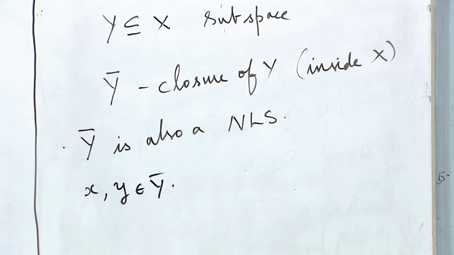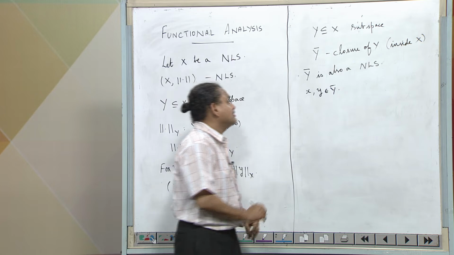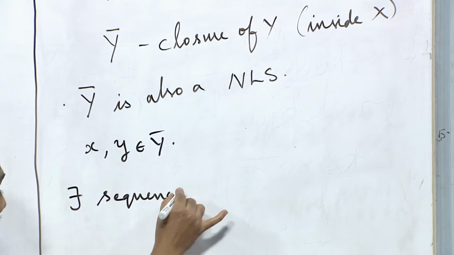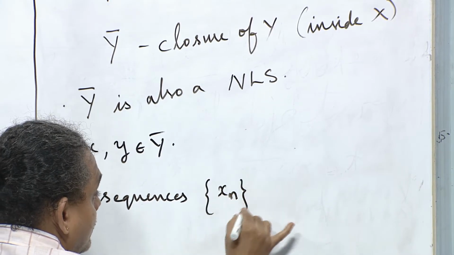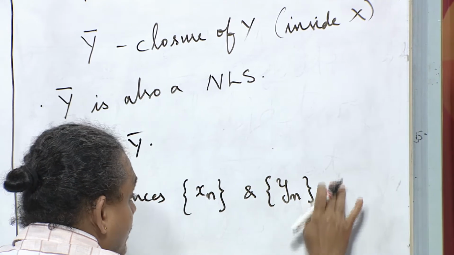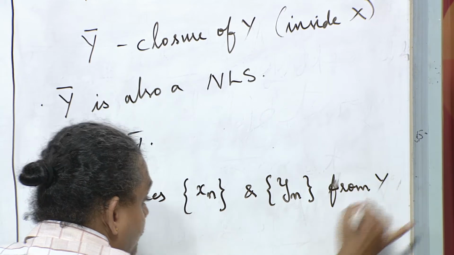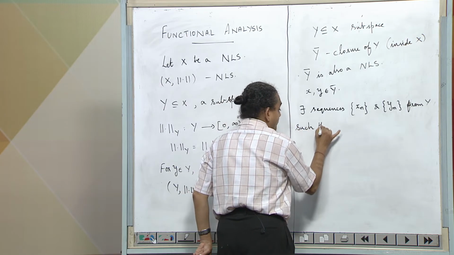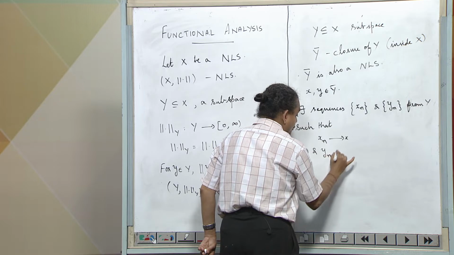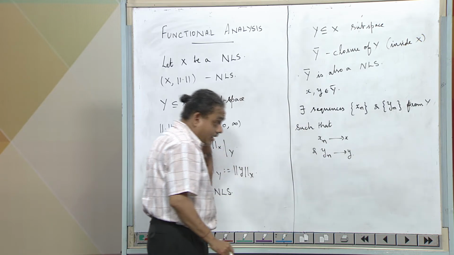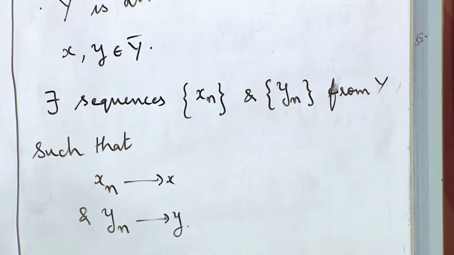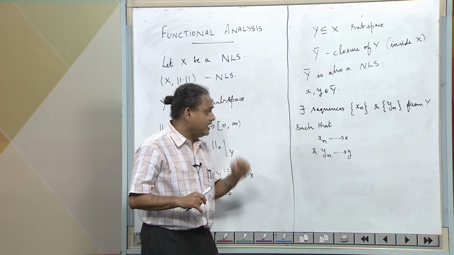From classical real analysis or the theory of metric spaces, which you have done in your previous semesters, you must have learned that there exist sequences x_n and y_n, in fact they come from Y, such that x_n converges to x and y_n converges to y.